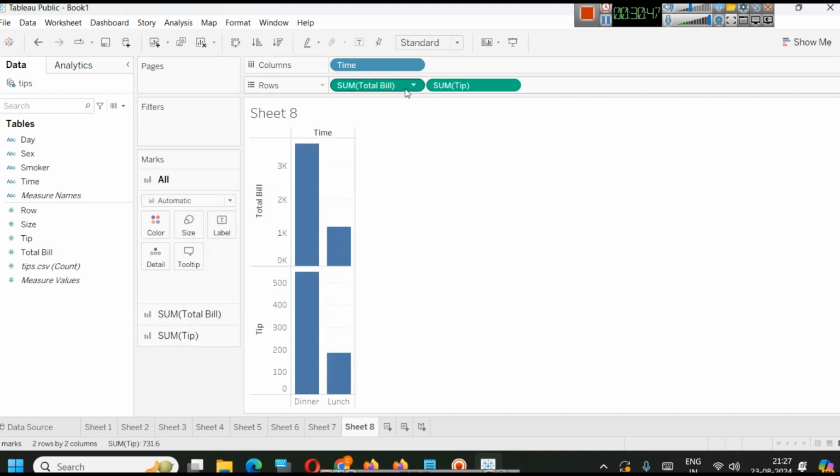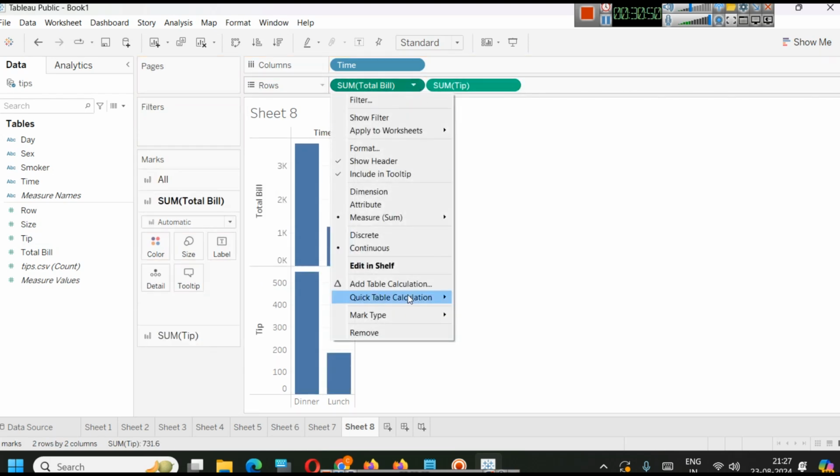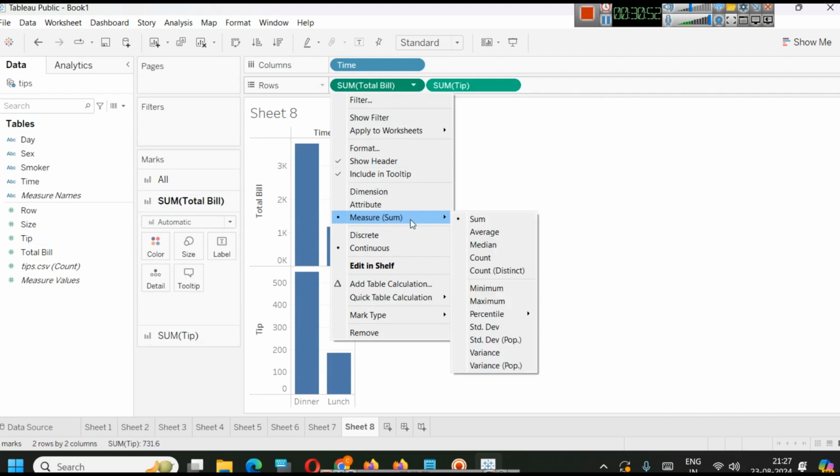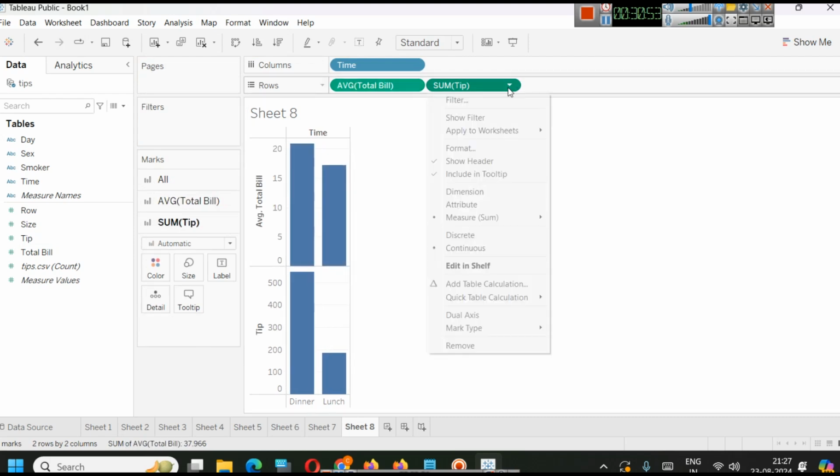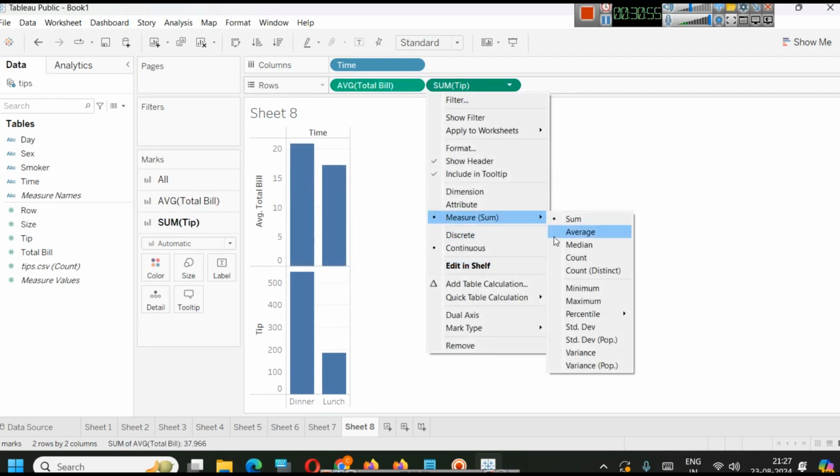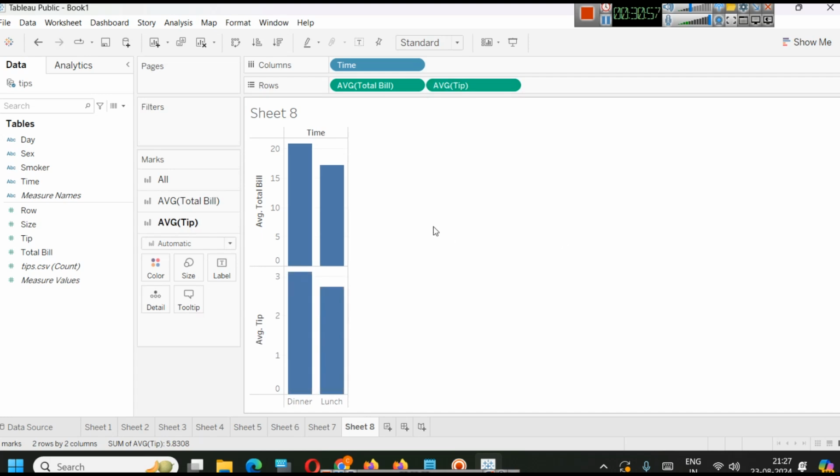Again very repetitive work, but because there are so many variables given, we have to analyze them one by one, right? So this is also giving us an indication that average tip and average bill in case of dinner is also more than lunch. It's not just the total bill that is more than lunch, the average in dinner is also more than lunch.